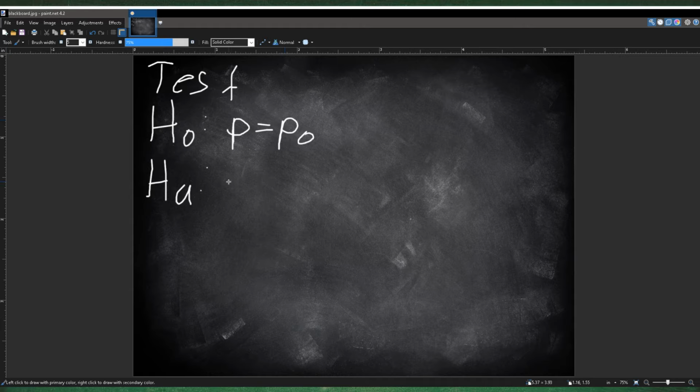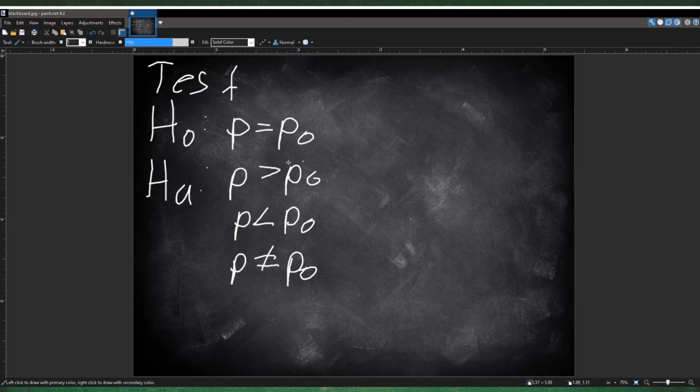There are only three cases: p is greater than p0, p is less than p0, or p is not equal to p0. Let's say it's actually not 25% for the freshmen, and it's actually 33%. So p is greater than p0, but you don't know that, so you have to use these hypothesis tests.